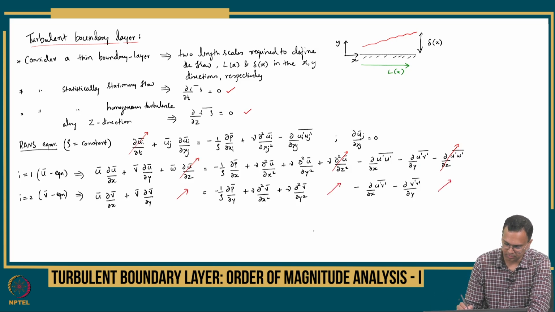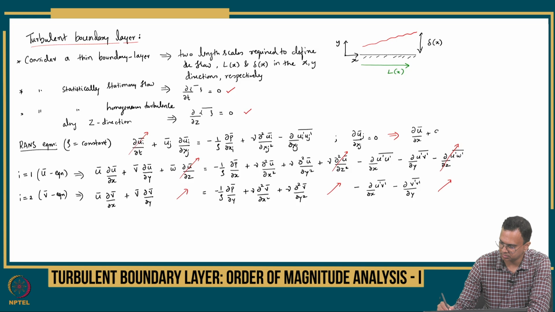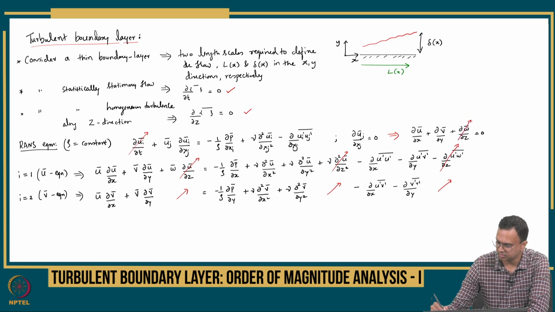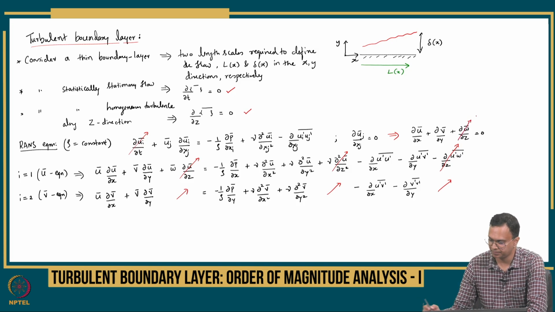And of course I have the continuity equation also. So this equation gives out to be dou u bar by dou x plus dou v bar by dou y plus dou w bar by dou z equal to 0. Again statistical homogeneity along z.